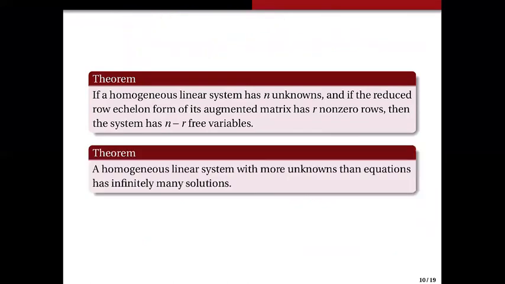Next, a homogeneous linear system with more unknowns than equations has infinitely many solutions. There are more unknowns than equations, and it is also a homogeneous linear system, so it will have infinitely many solutions.